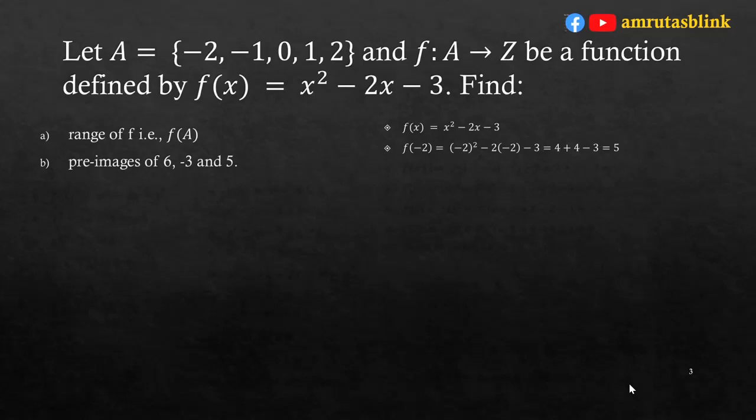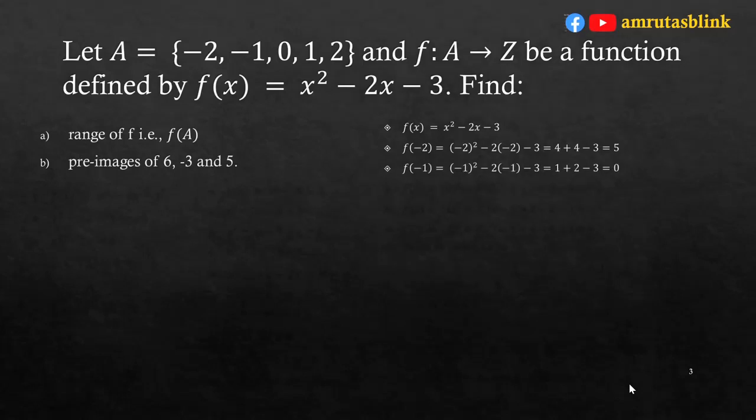So f of minus 2 is equal to minus 2 square minus 2 into minus 2 minus 3. So ultimately what we are doing is we are putting minus 2 in place of x. After simplification we will get 4 plus 4 minus 3, that is equal to 5.